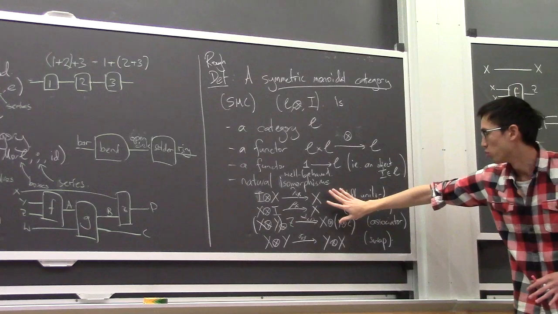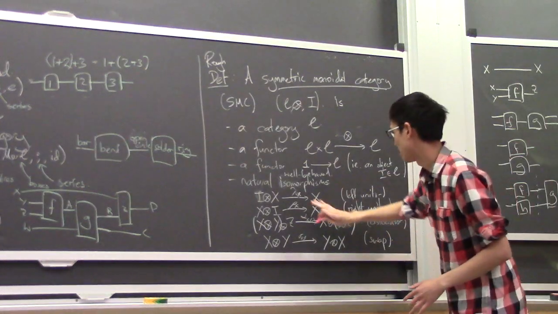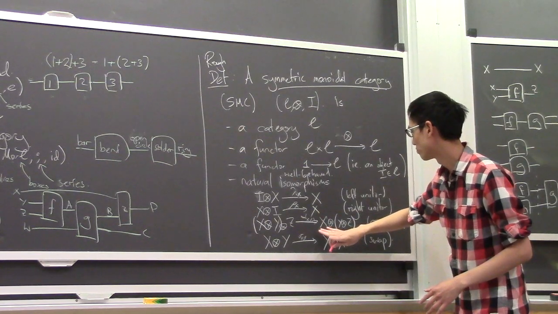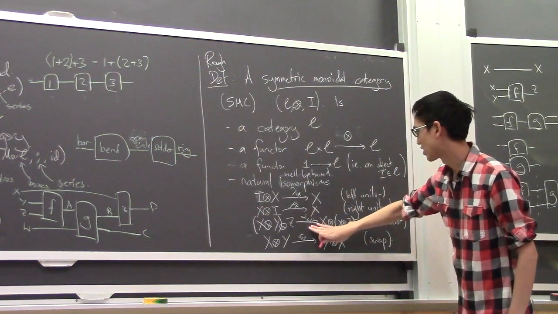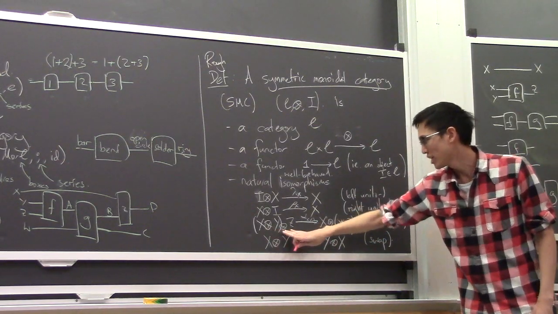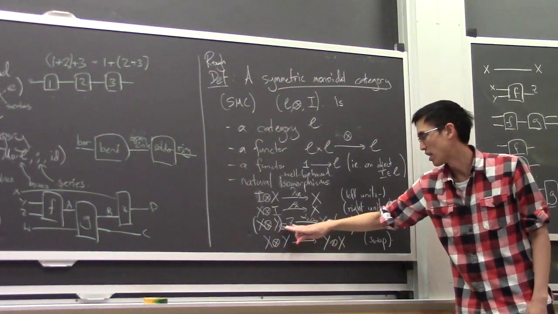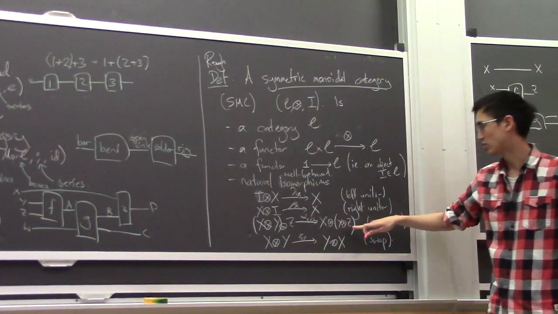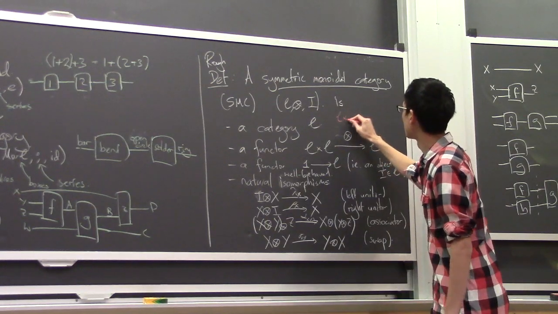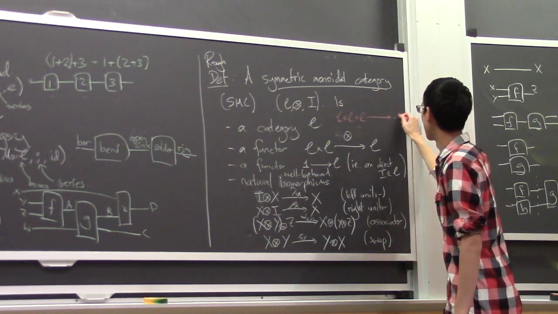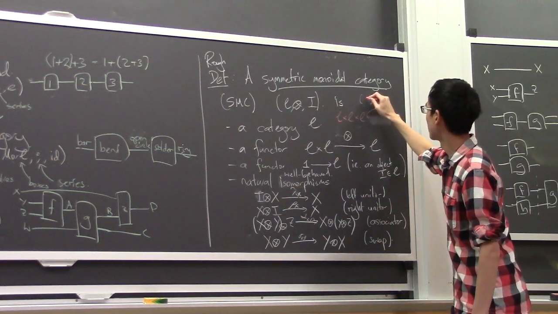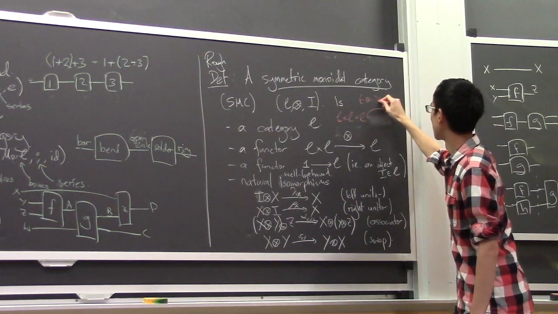But let's say in this third case, which is perhaps the easiest place to see it, these two things, x tensor y tensor z and x tensor y tensor z with different bracketings, represent functors from C times C times C to C. The first functor says that you've got three things, you tensor the first two, and then tensor that with the third.